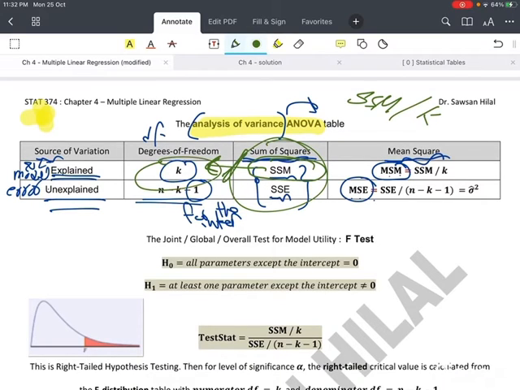And you take SSE and divide it by n minus k minus 1. You can find the formulas here. And something else, very important: you can call MSE, the mean square error, sigma square hat.